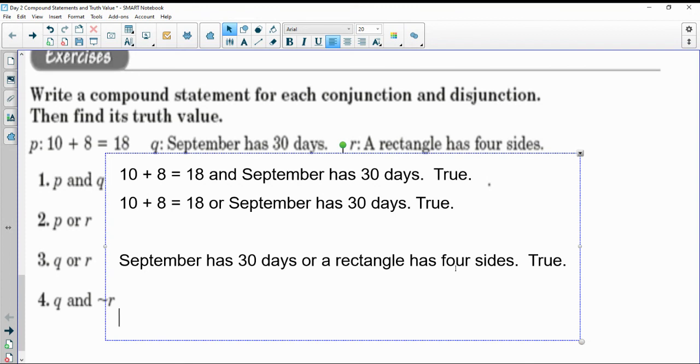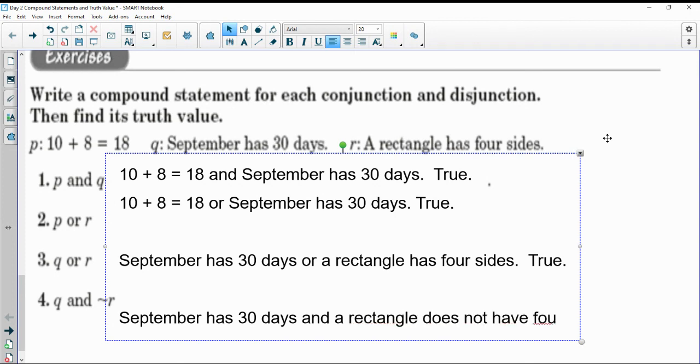Okay, and then number 4, I've got Q, which is September has 30 days. And then it says and then it says not R. So if it has that little squiggle in front of it, you have to change it. So instead of a rectangle has 4 sides, you're going to say a rectangle does not have 4 sides.